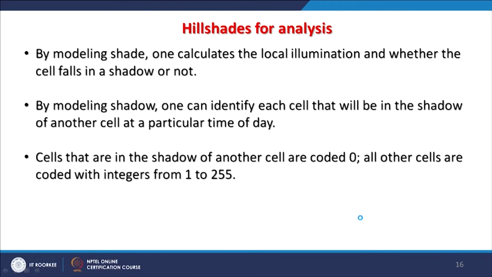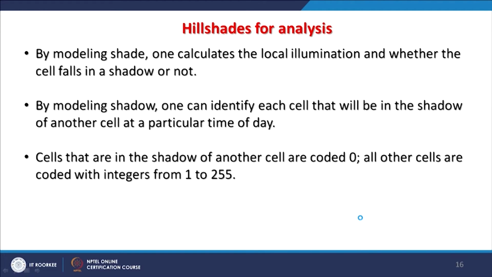So, if we want different timings of the same terrain and digital elevation or hillshade, say starting from morning to evening, you can keep changing the sun position and then create a simulation of how the shadows of a terrain vary or change throughout the day.